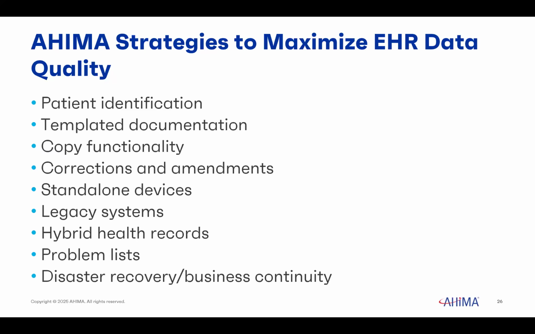Another area we need to have strategies and policies and procedures on is the corrections and amendments, right? In general, most electronic health record systems allow that anytime a record is amended, corrected, has an addendum, that will show who made the correction, what day, what time.